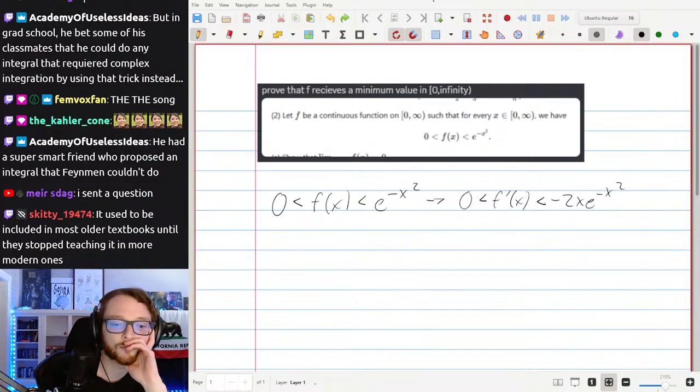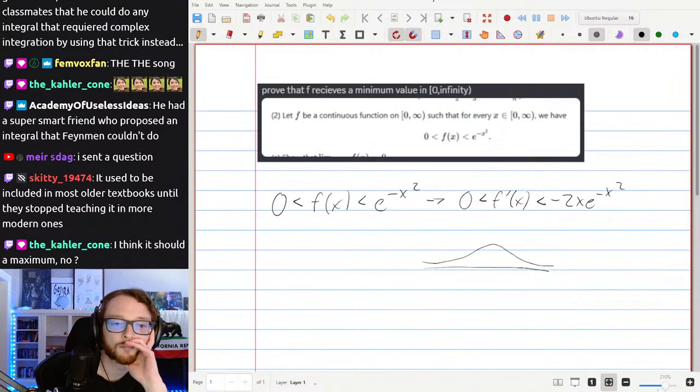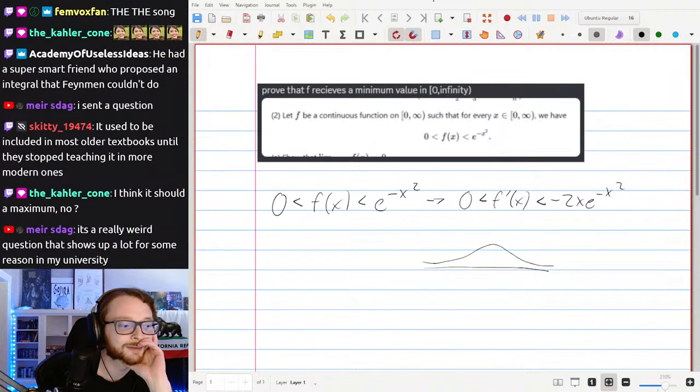e to the minus x squared is the bell curve. Yeah, it seems like a maximum.